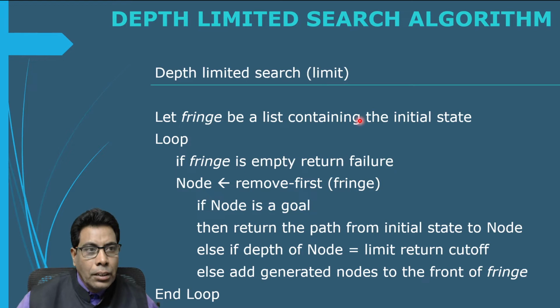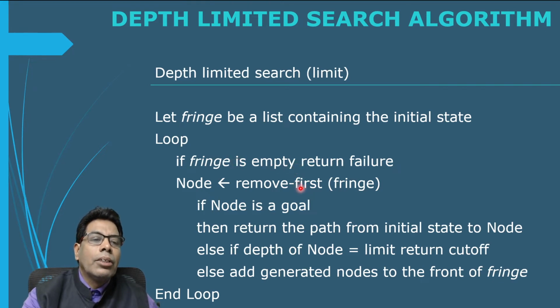Let us see the depth limited search algorithm. Here the fringe is a list containing the initial state. If the fringe is empty, it returns failure; otherwise it removes the first node. If the node is a goal node, the path from the initial state to the node is returned. Otherwise, it checks the depth of the node, and if it is at the limit, it returns cutoff, meaning it will not be expanded.